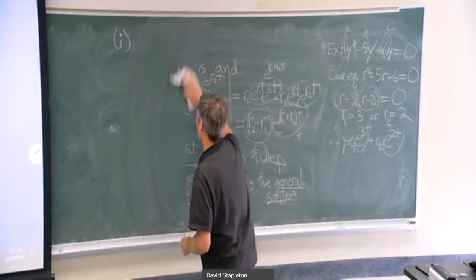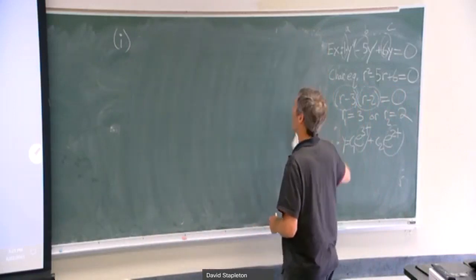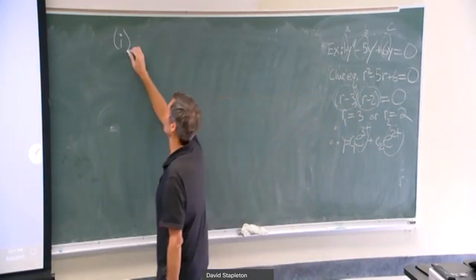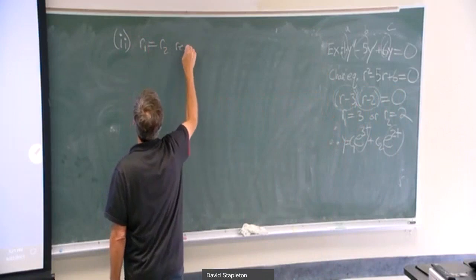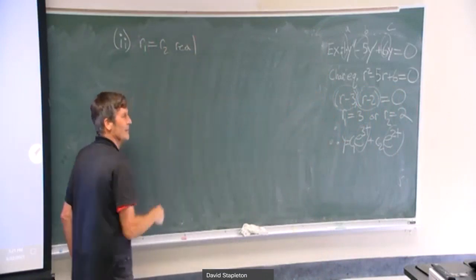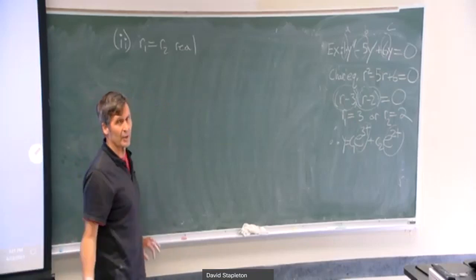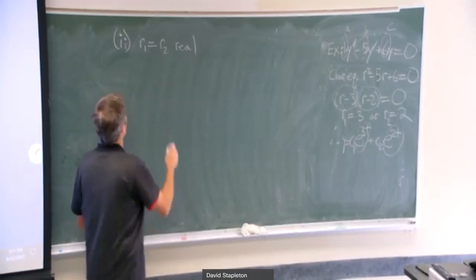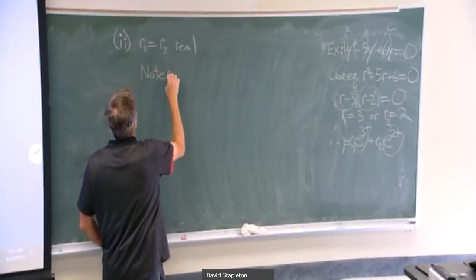But now the question arises, well, what if r1 and r2 are equal? Here's the second case. r1 equals r2 are real numbers. Now what you do is you say, well, maybe I can get lucky and guess again. And in fact, you can. We're going to find a way to deduce this without being lucky later. But for now, we'll just note you can plug in.